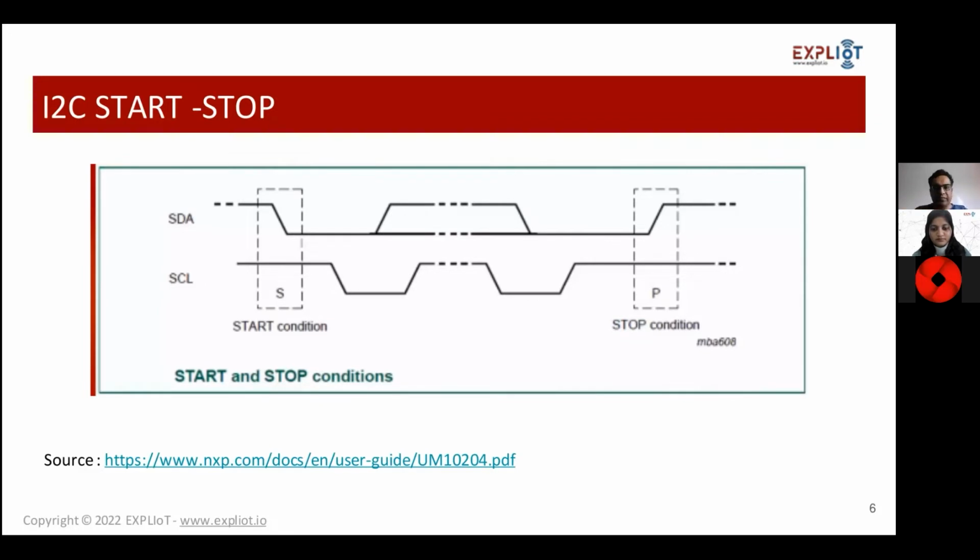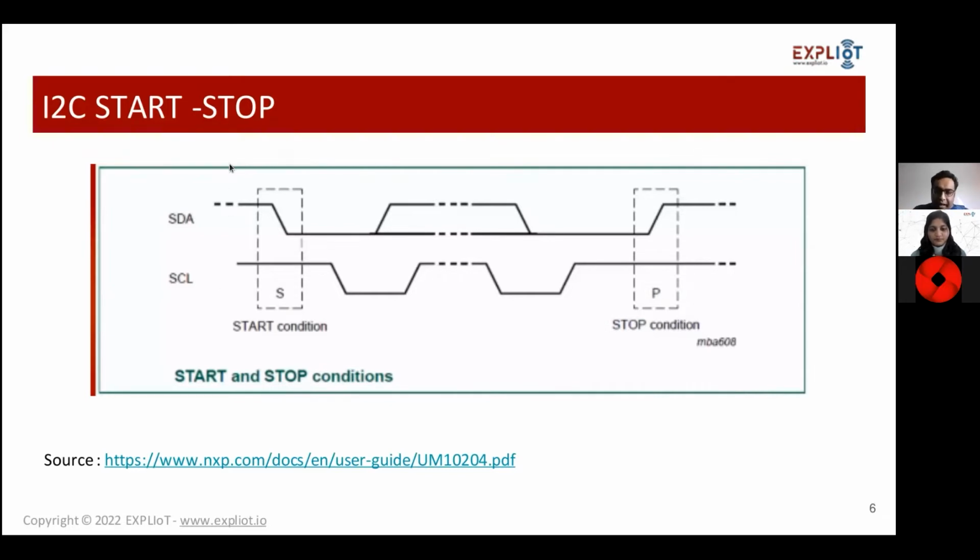The microcontroller, as master, will initiate the communication. How does it initiate communication? By default, as per the I2C specification, these two lines, serial data and serial clock, are logically high.